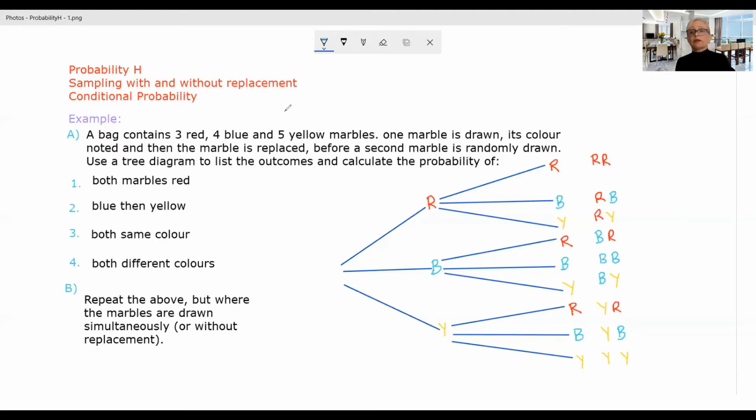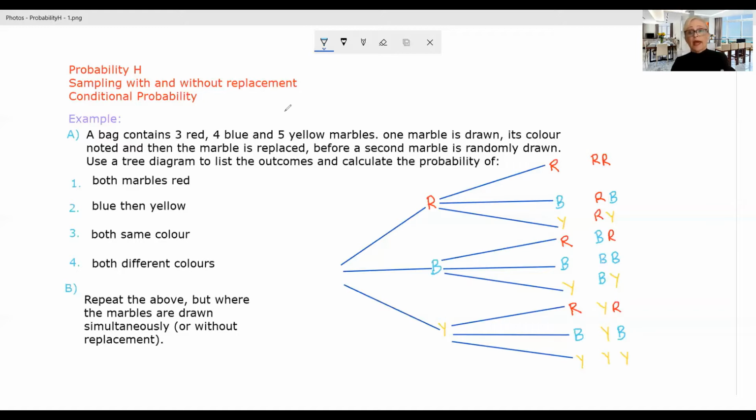That's called drawing with replacement. So we take one out, we look at the colour, write it down, pop it back in, remix it up and get the second one. Those are independent events. What happens in the first drawing of a marble doesn't affect what happens in the second drawing.